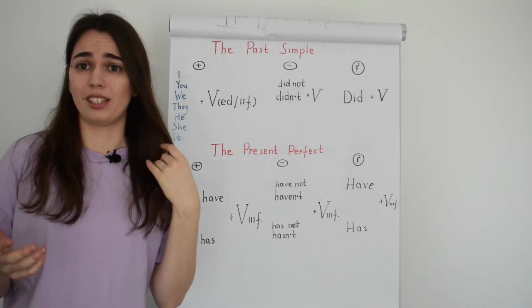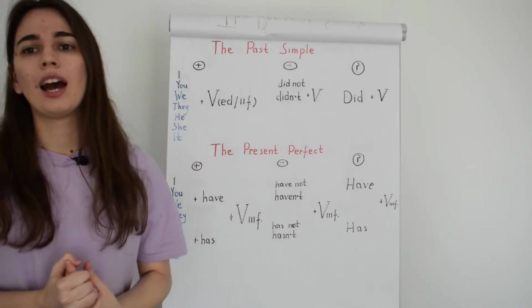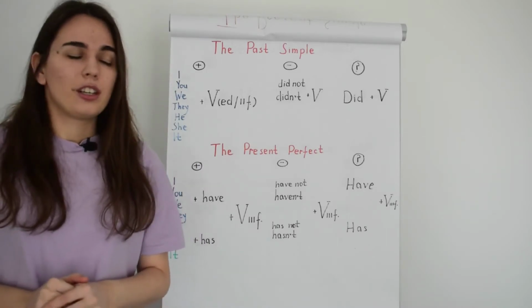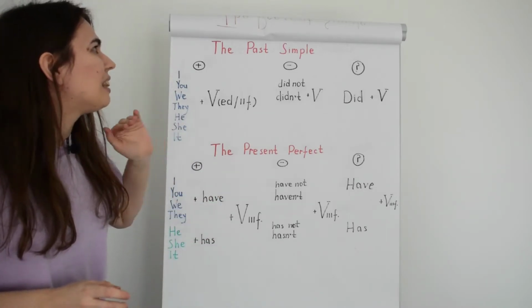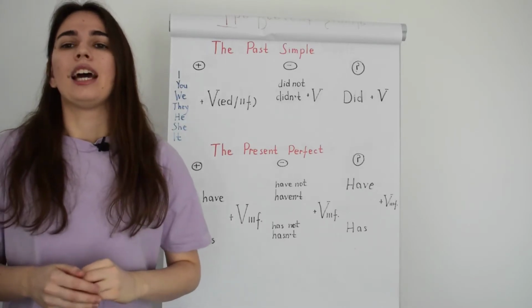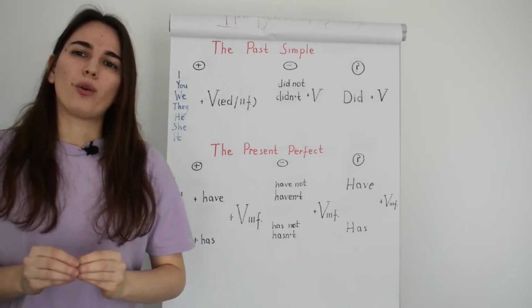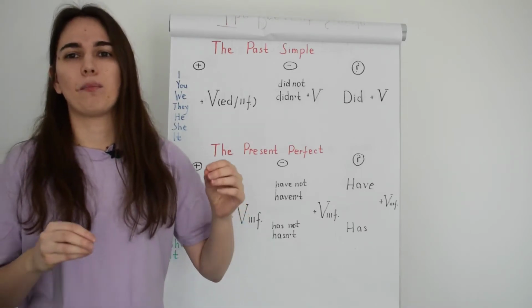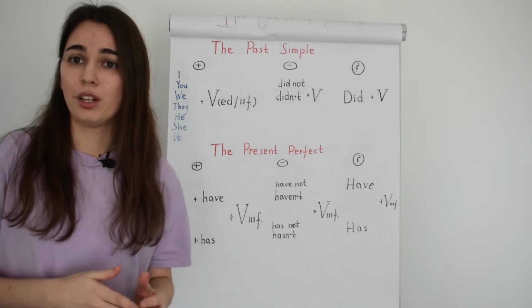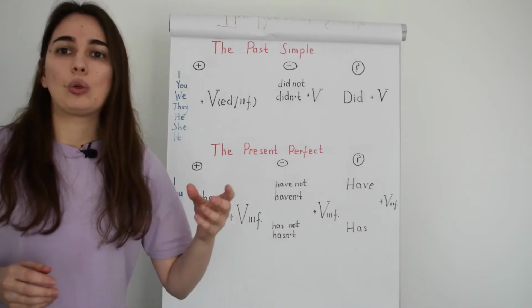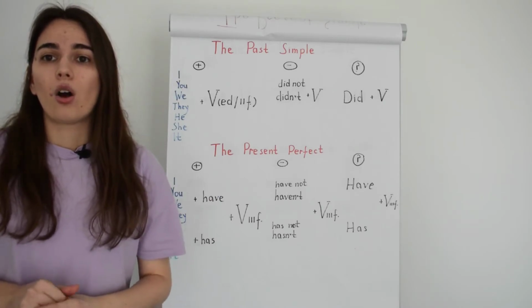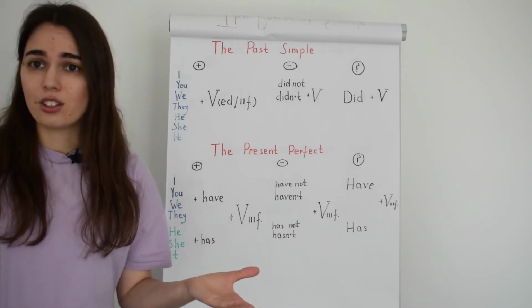So as you noticed, I always added yesterday. That's important because when we talk in the past simple, we really talk about some actions, some events in the past, at a specific time. So it can be yesterday, 2 days ago, 2 weeks ago, 2 months ago, or only 30 seconds ago.